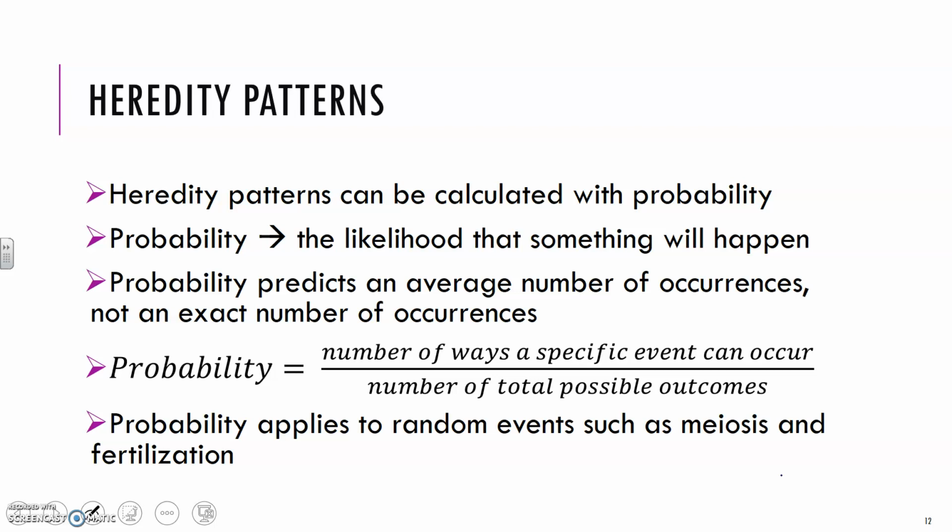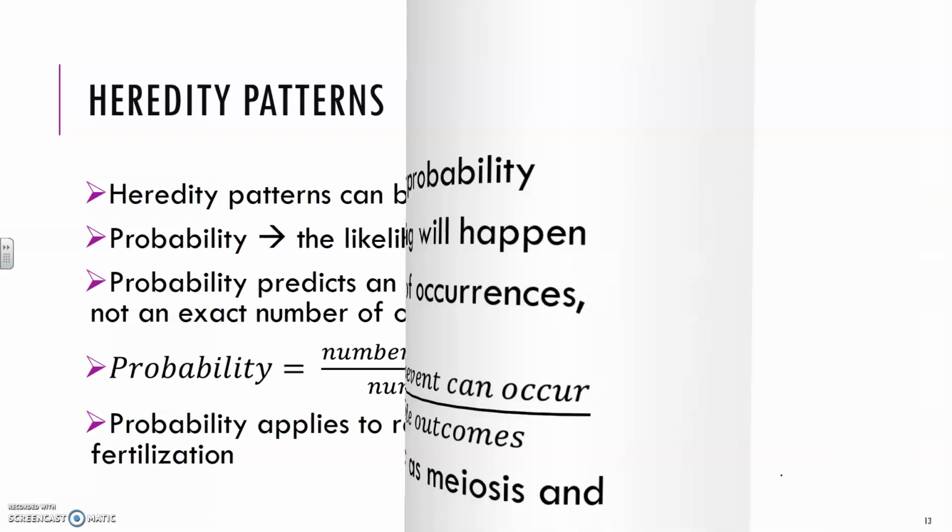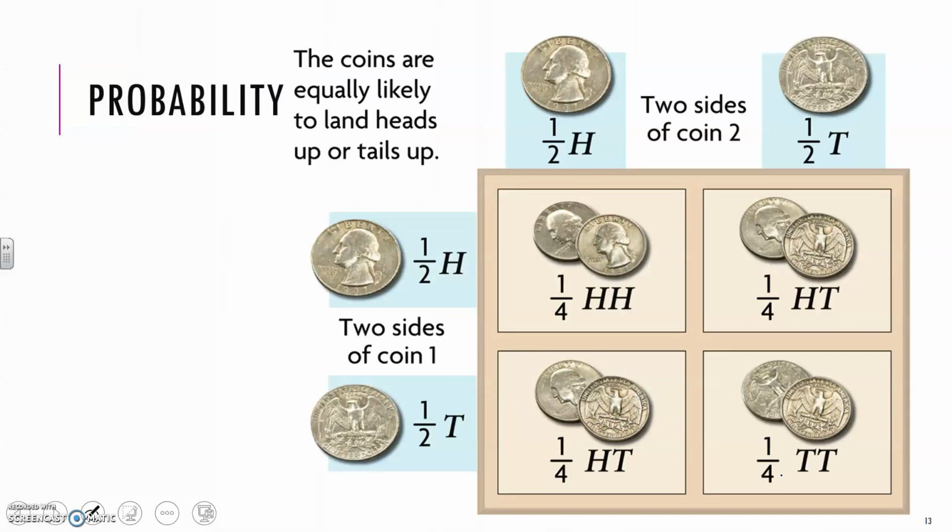So probability applies to random events such as meiosis and fertilization. You can also use it for things like coin flips, all different kinds of things. And I say coin flips because guess what? Here we go. Looking at probability, an easy way to visualize it is flipping a coin. So basically, you're flipping 2 coins.